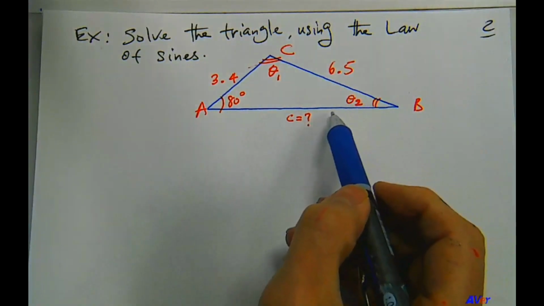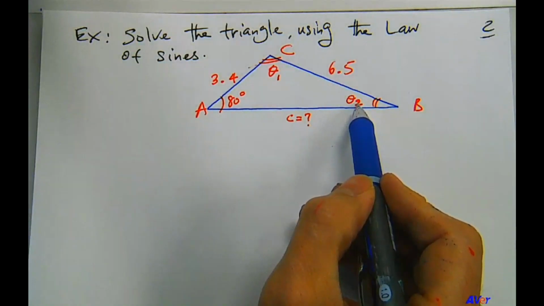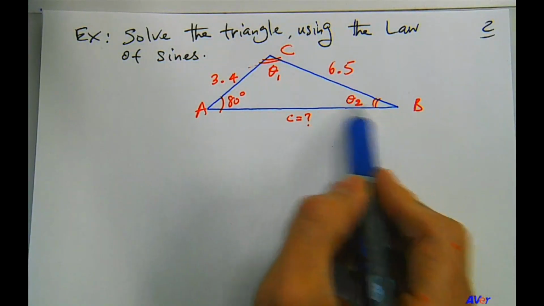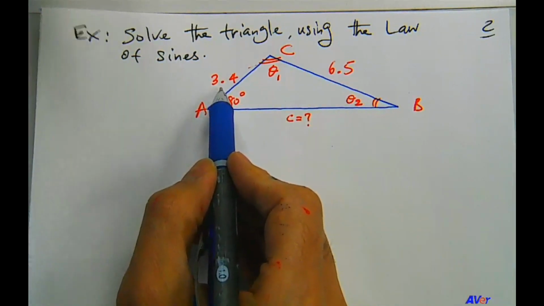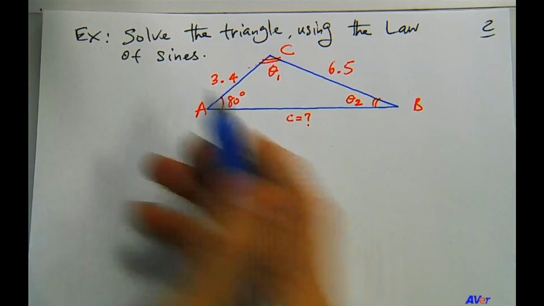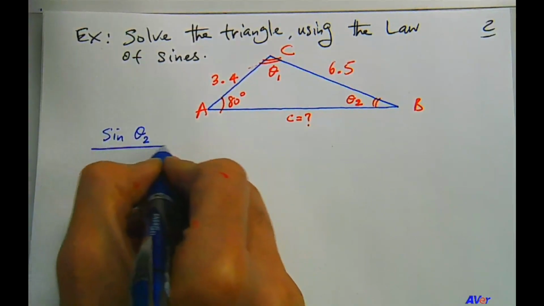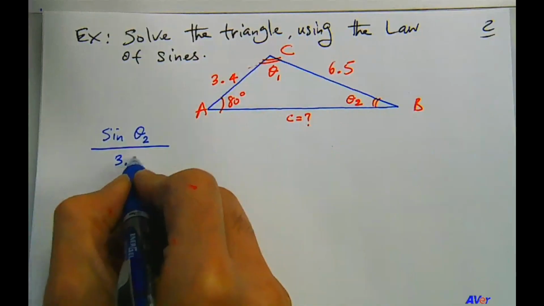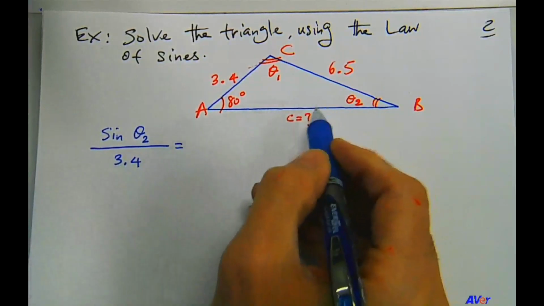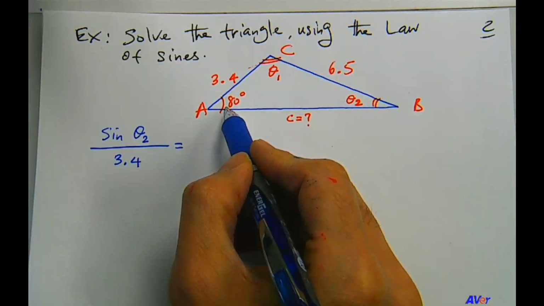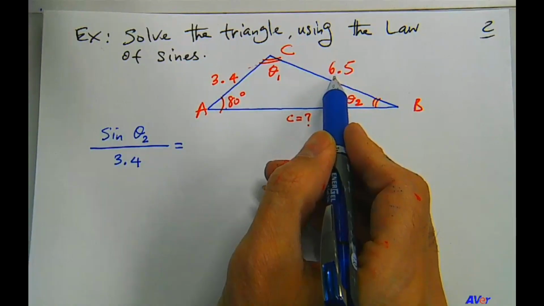So for theta, we can easily take the sine of theta over 3.4. Let's do that. So sine of theta 2 over 3.4, and set it equal to the sine of 80 degrees over 6.5.